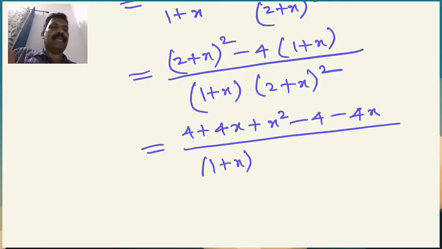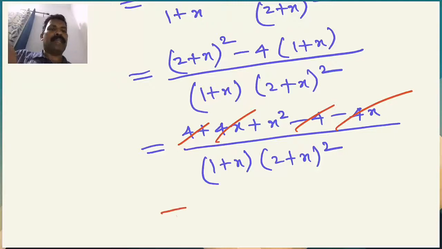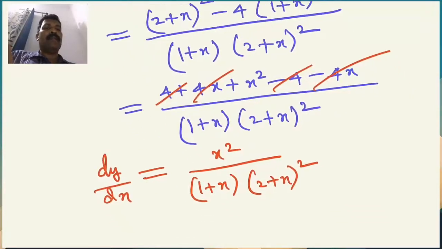Whole divided by (1 plus x) into (2 plus x) the whole square. So here you can see that 4 minus 4 and 4x minus 4x get cancelled, and we have dy by dx equal to x square divided by (1 plus x) into (2 plus x) the whole square.